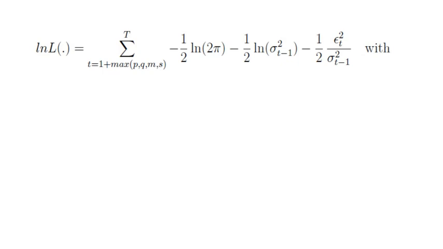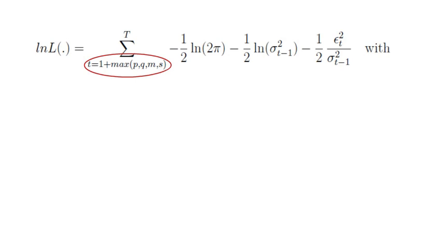The only thing new is that the sum starts at t equals 1 plus the max of p, q, m, s. Otherwise it has the same known three components: minus half log 2 pi, minus half log sigma square t minus 1, and then minus half the prediction error to the power of 2 at time t divided by the conditional variance.